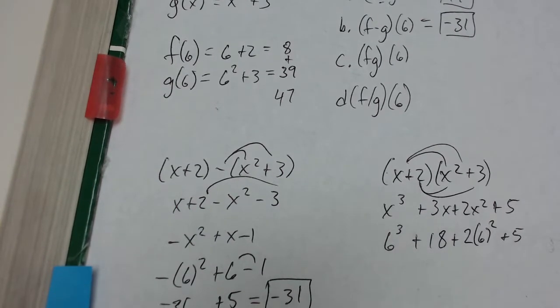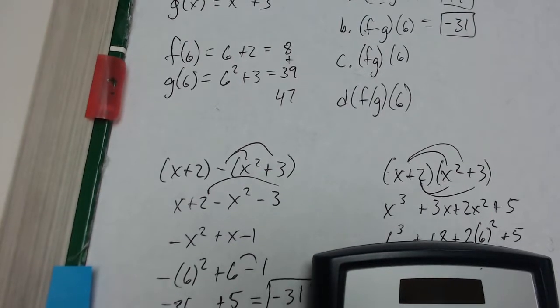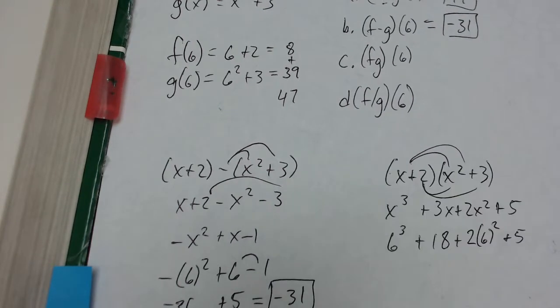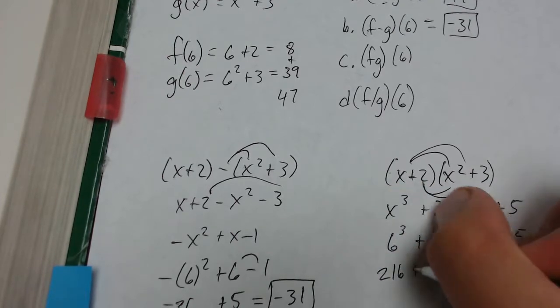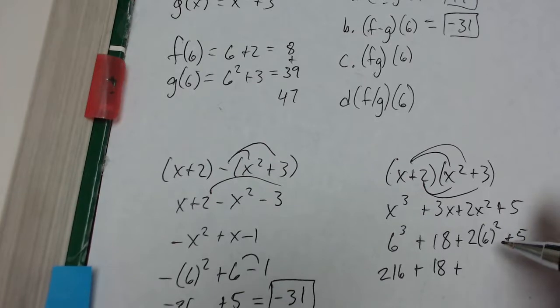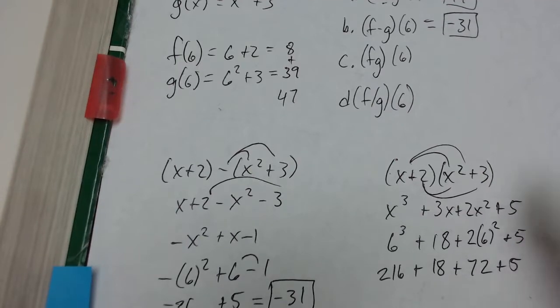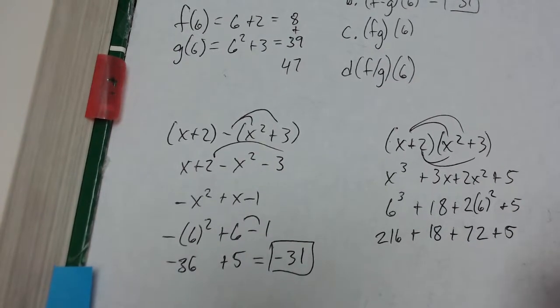So we'll simplify the 6 cubed. I'm going to go ahead and use my calculator for this one. So 6 to the third power gives me 216 plus 18 plus 6 squared, which is 36. 2 times 36 gives me 72 plus 5. From here I just need to add.